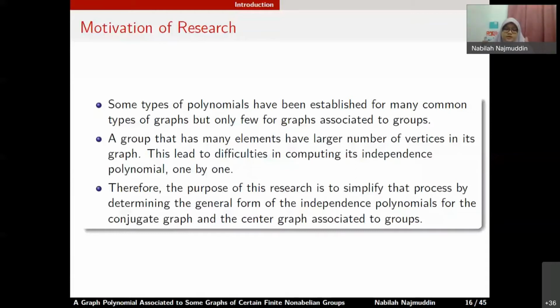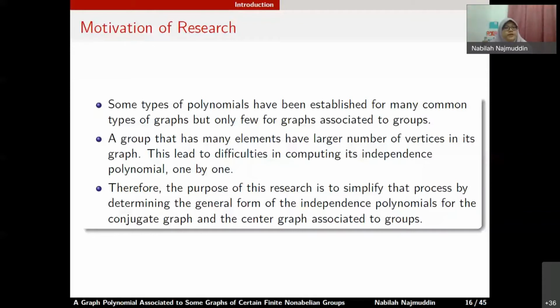In graph theory itself, there are also many graph polynomials, but not yet until 2016, when I started this research, was there research associating the graph polynomials to the graphs related to groups.